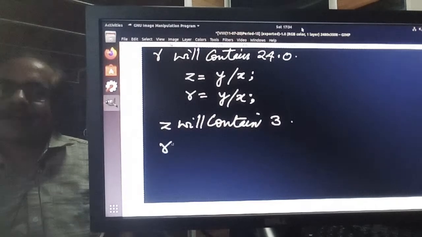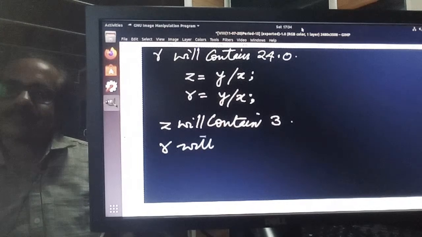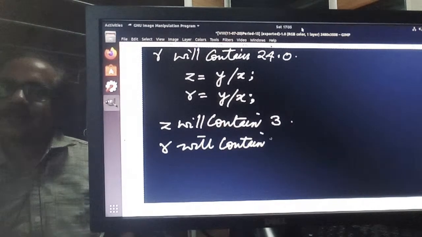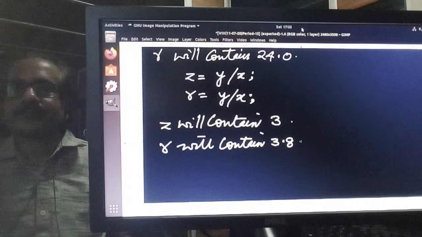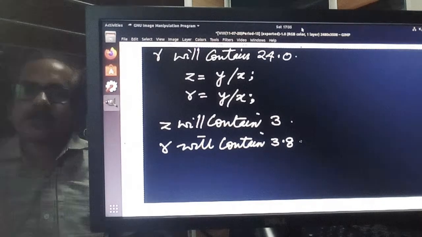And R will contain 3.8. Understand this difference. This is very important to understand.